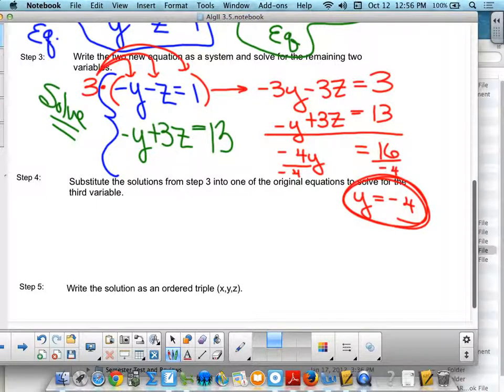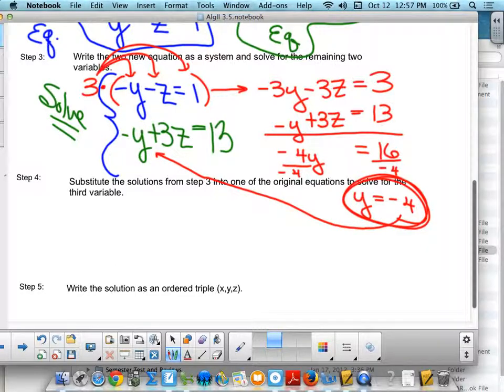So you got to take your negative 4 and plug it into one of these 2 originals right here. Negative 4 goes in for one of these y's. I'll go here.